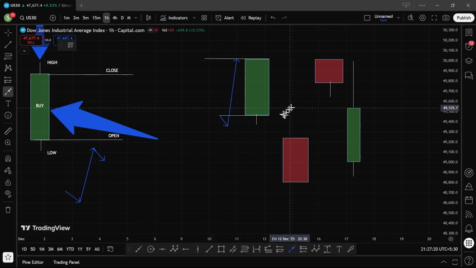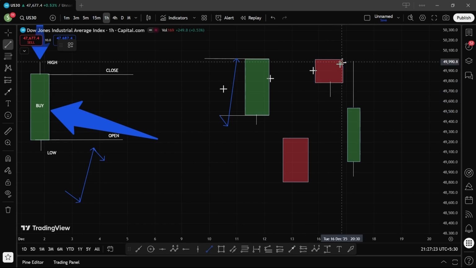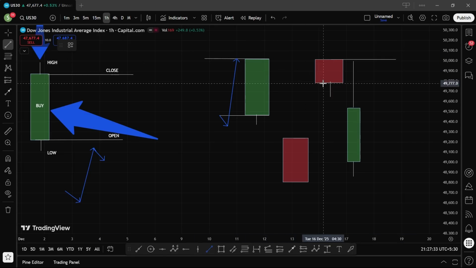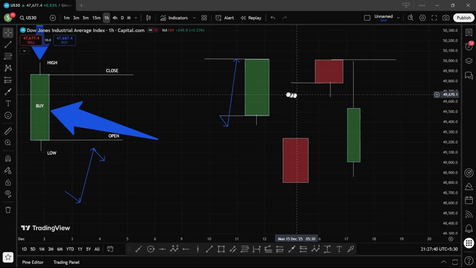Now, for the second candle, just a second. This here is supposed to be the open for this candle, and this here is supposed to be the close, as it's a red candle.